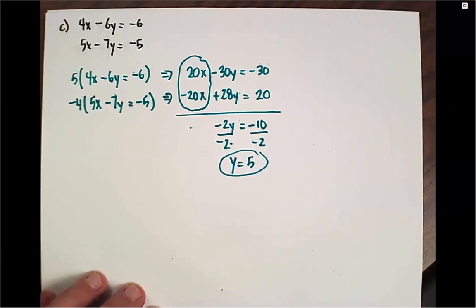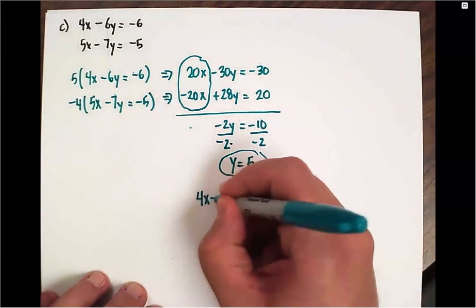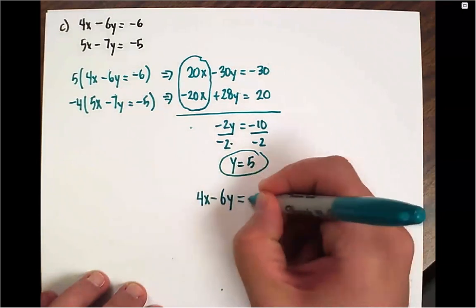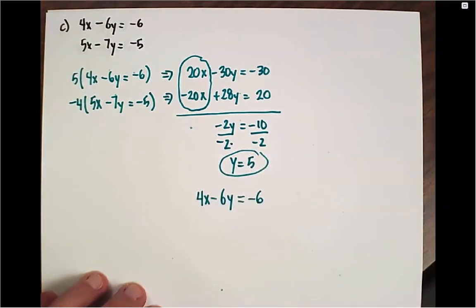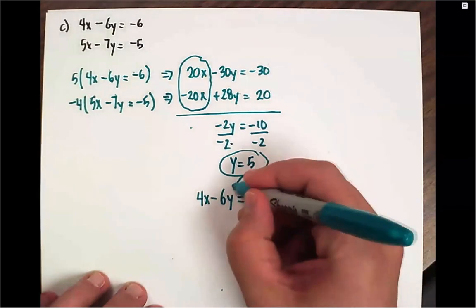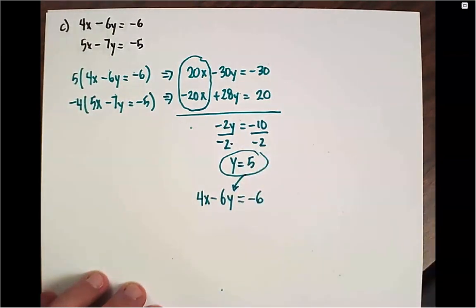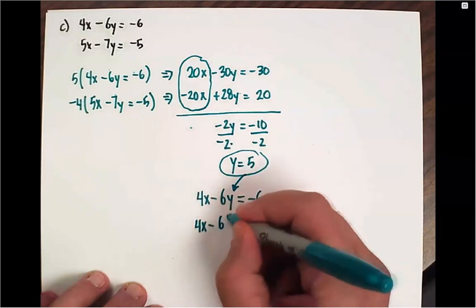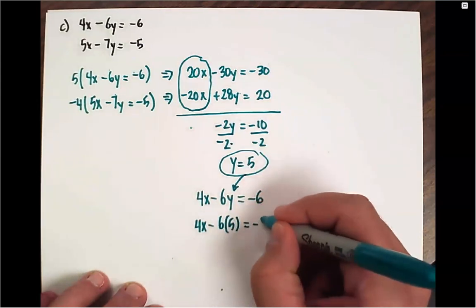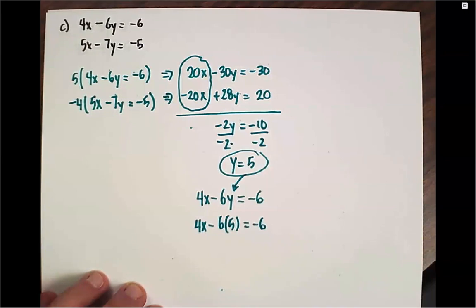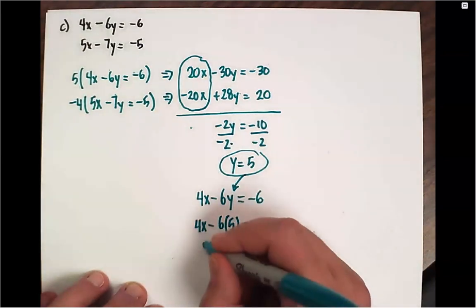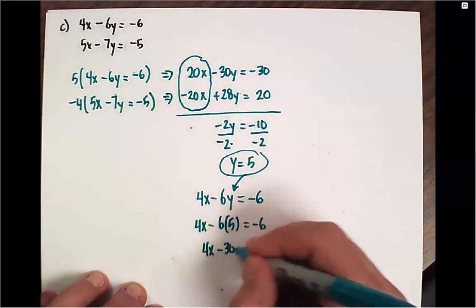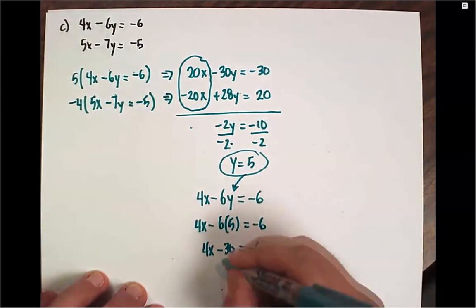And so if we know y, we just got to find x. So I'm just going to take the first equation and plug 5 into it for y. So I get 4x minus 6 times 5 equals negative 6. Or 4x minus 30 equals negative 6.